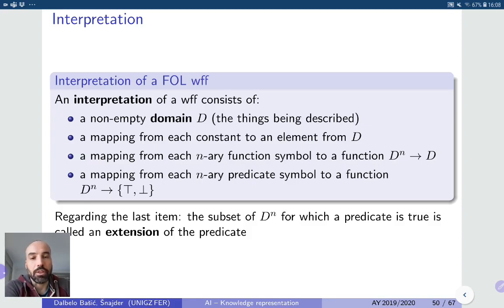Now with predicate logic or first order logic, things are different, and an interpretation is a more complex structure. It consists of 4 components. Let me go through these components here. An interpretation of a well-formed formula. Again, a formula has to be well-formed.